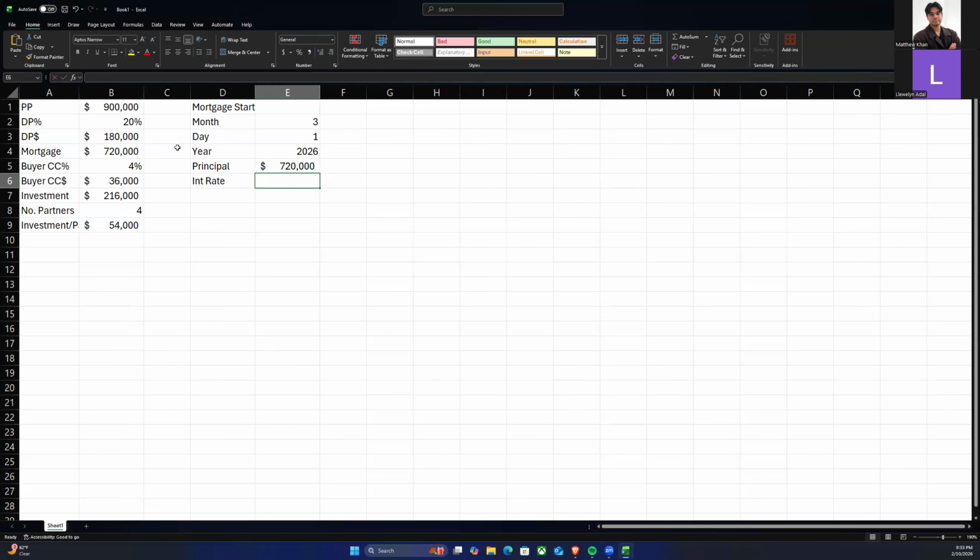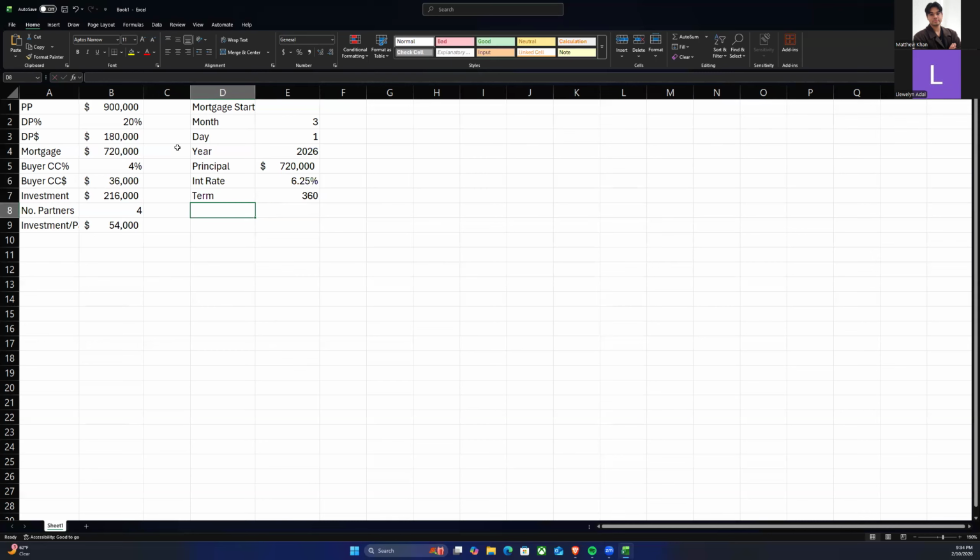Now it looks like for this kind of loan in New York City, if everything qualifies at the highest, meaning you have the best credit scores or whatever you're doing, you are more likely to get it now at around 6.25%. Okay. And then we want to know how long we are going to be taking this mortgage out for. It's going to be a 30 year, but we're going to put it in terms of months, because that's the number of payments we're going to make.